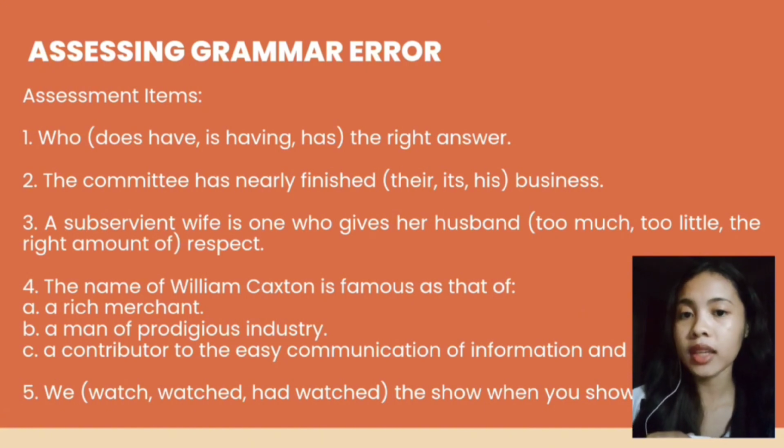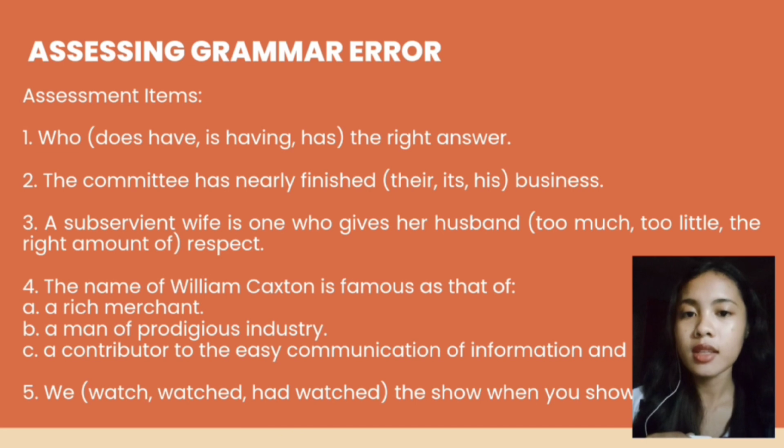In question number 3, comprehension of vocabulary and context is assessed. The correct answer depends on our understanding of the meaning of "subservient" and the appropriate amount to give. Question number 4 evaluates knowledge of historical figures and their contributions.